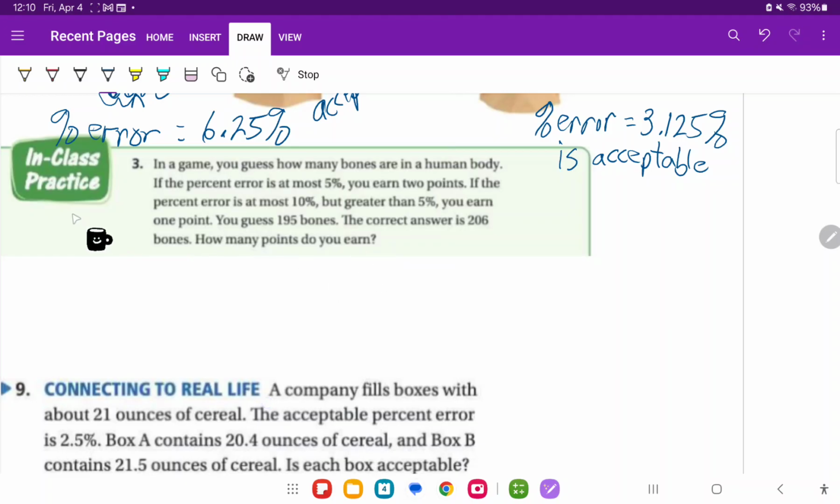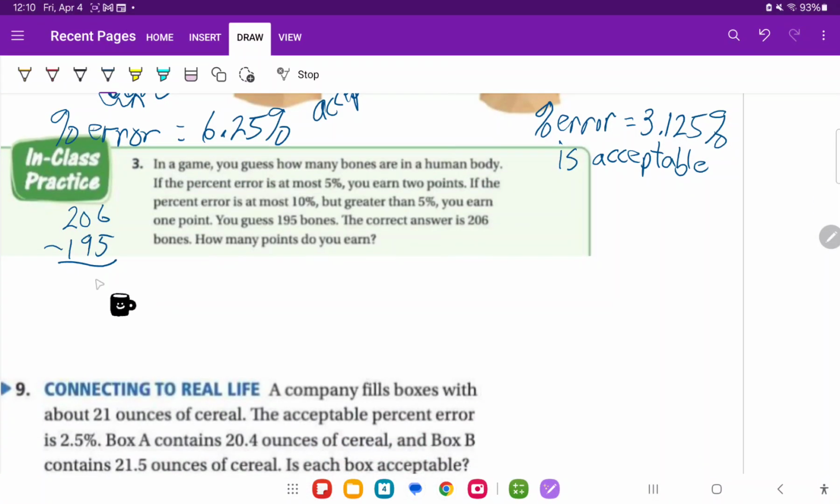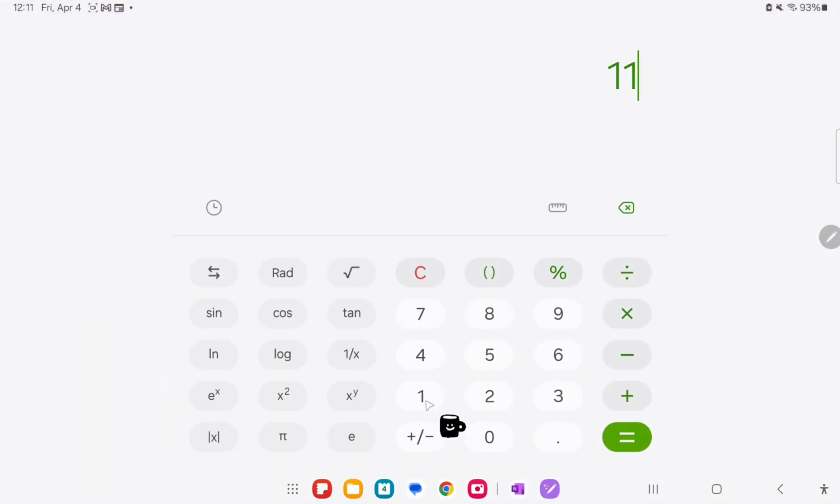Okay, so there's actually 206. You guessed 195. So let's figure out the amount of your error. So 206 minus 195. That equals 11. So you missed it by 11 bones. So the percent of error, you take the amount of your error divided by the actual answer, which is 206. We're going to do 11 divided by 206.